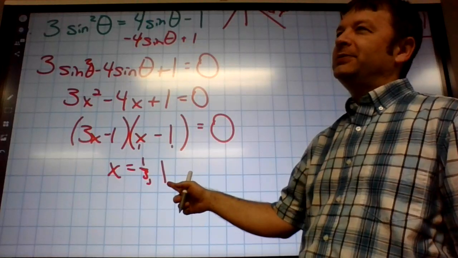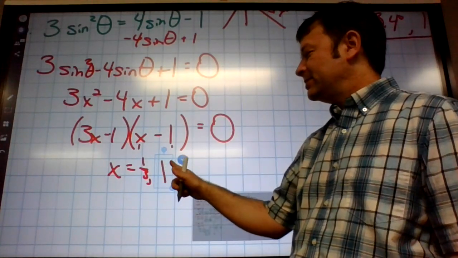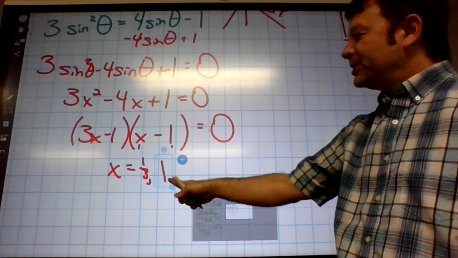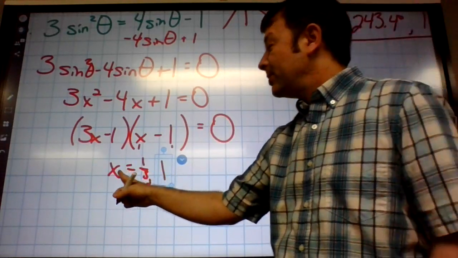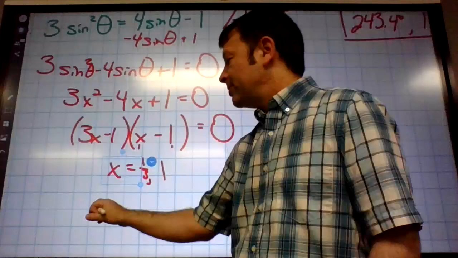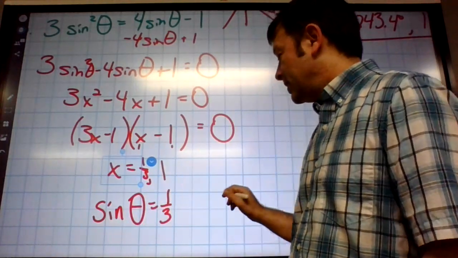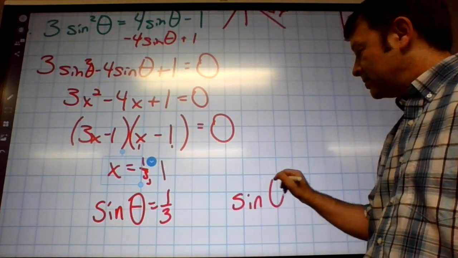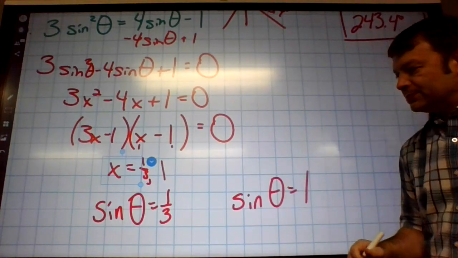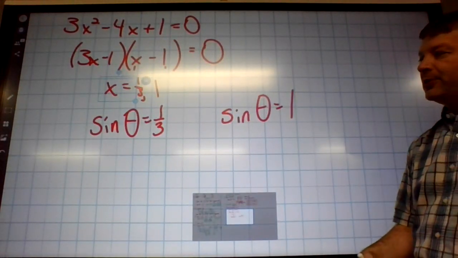Because I just said 90 degrees, we wouldn't have one of those, but this would be 90 degrees. Okay, so remember we turned sine into x, so it's really sine of theta equals 1/3 and sine of theta equals 1. So at this point, we're finally to the spot where it's more like number 1.